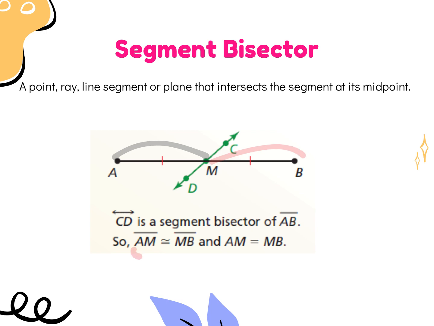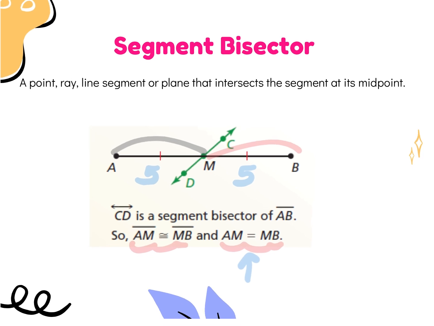And that's what is being stated here. And you could either state that they're congruent. In this particular case, that's the statement I would give because I know nothing about the measurement. Now, if they told me that AM was 5 and MB was 5, then I could state that AM is equal to MB because I know how long it is. I know a number.